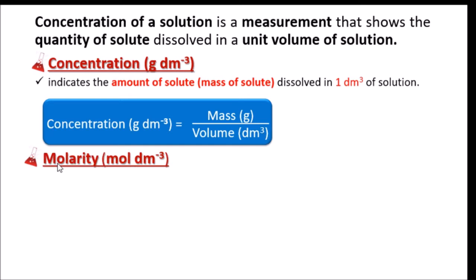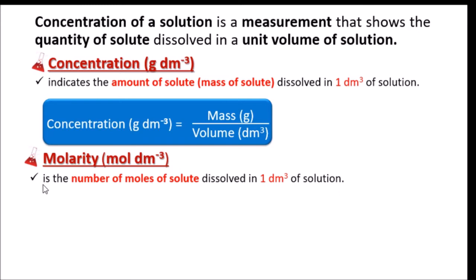Next, we will have another concentration called molarity, in which the unit is mole per dm³. It is the number of moles of the solute dissolved in 1 dm³ of solution.